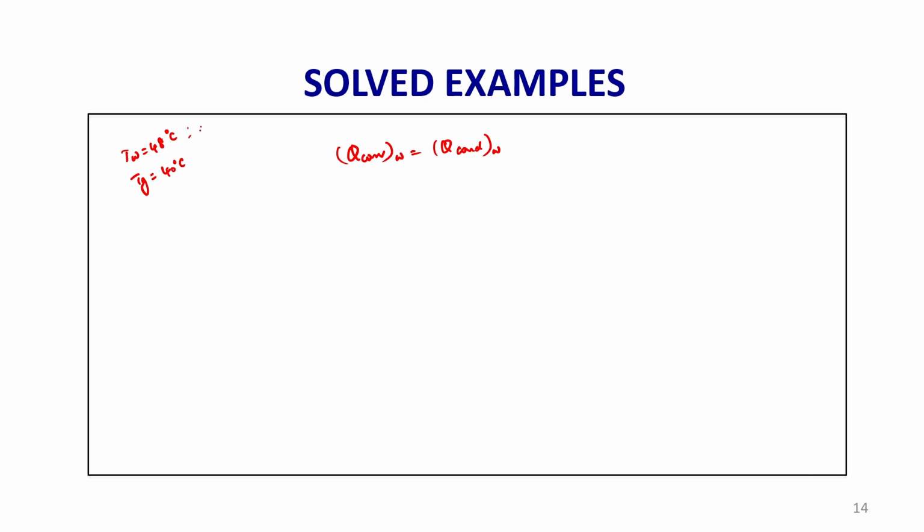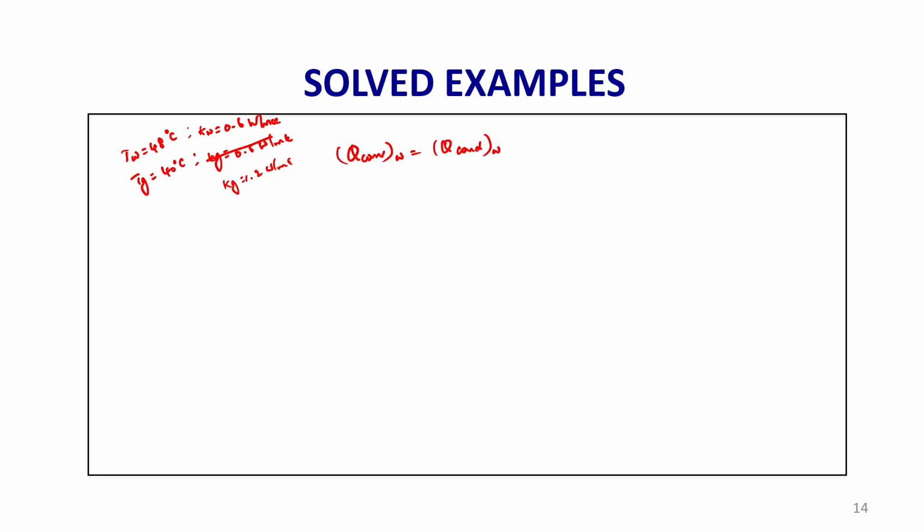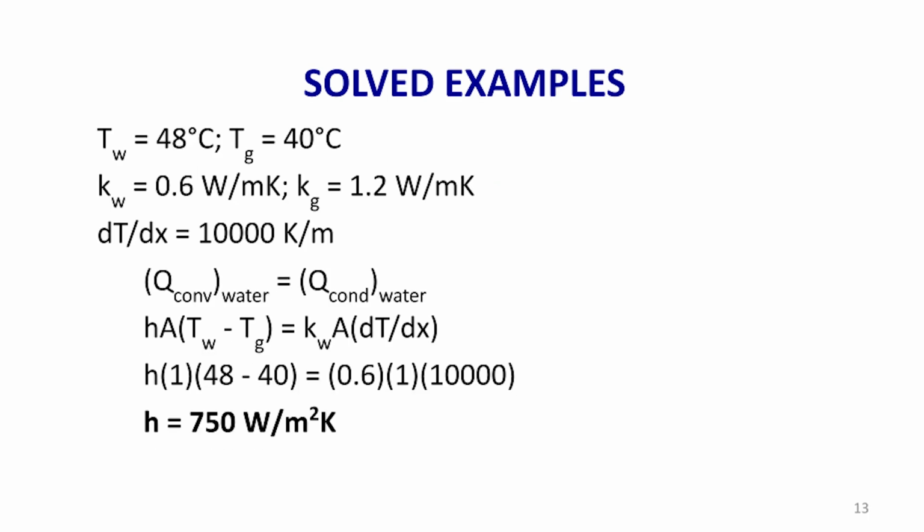K value for water is given, K value for glass is given, G refers to glass, W refers to water. Convection we know is H A delta T, conduction is K A dt by dx, K into A into dt by dx, K of water. So, here you have to substitute the K of water.